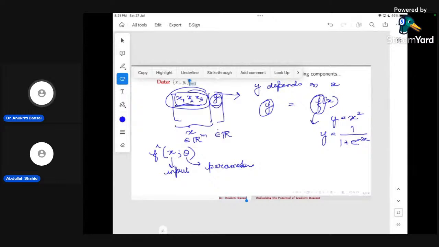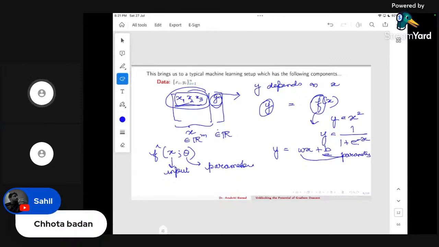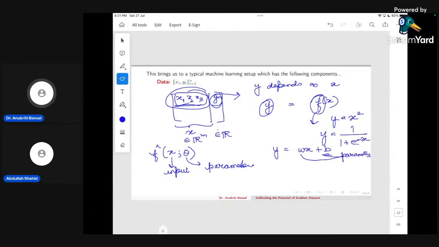For example, if we assume a function y equals wx plus b, this is my weight, this is my bias. So these are my parameters. How to estimate these parameters? Right now I don't know, but maybe I write it like this: mx plus c. This is the equation of a line.